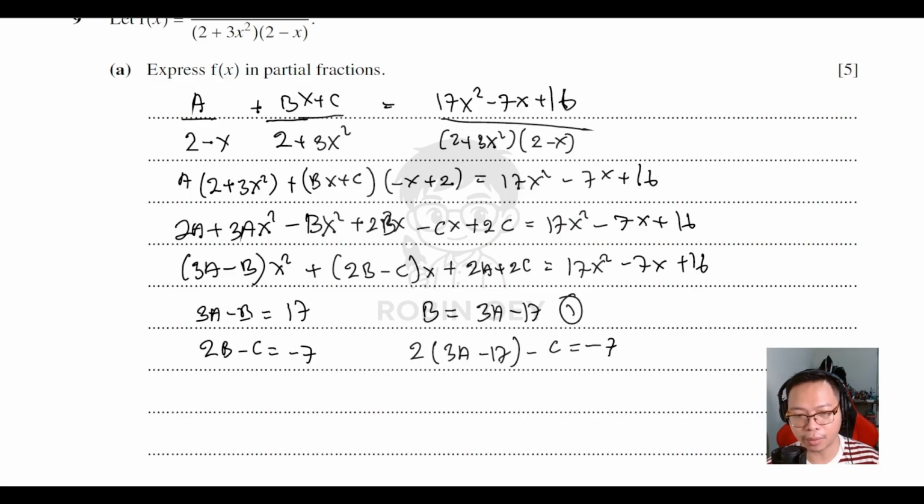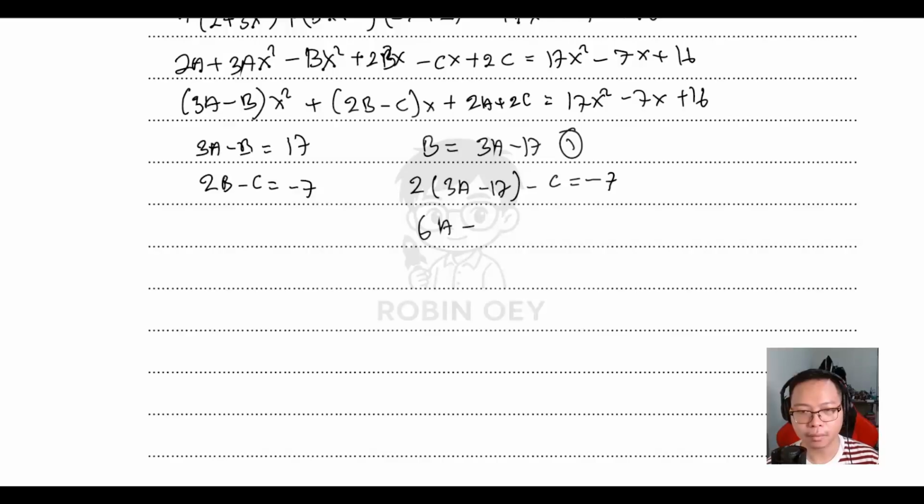If I open the bracket, this will become 6A minus 34 minus C equals negative 7, and I get 6A minus C equals 27.